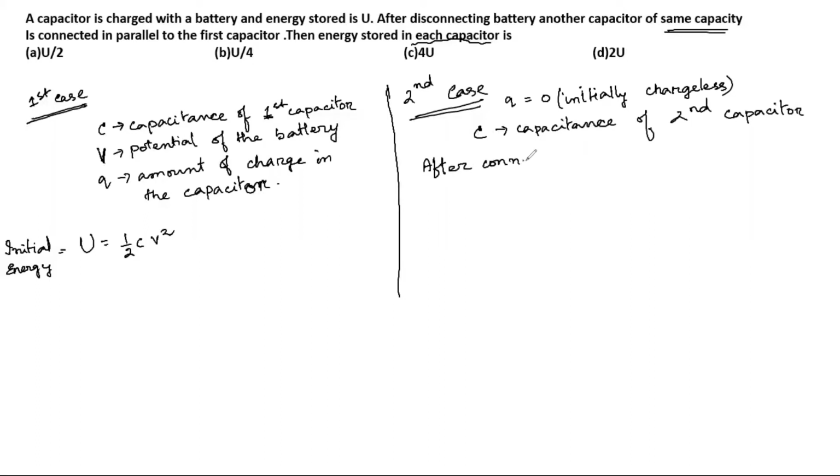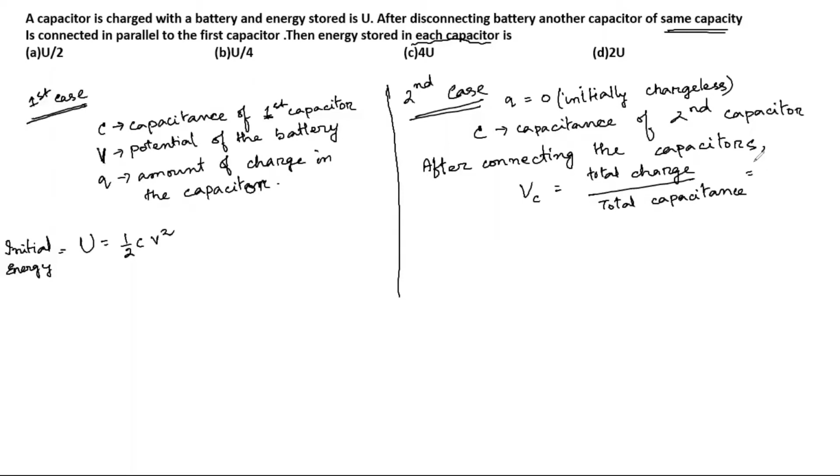So after connecting the capacitors, they will acquire a common potential, and that is nothing but total charge by total capacitance.